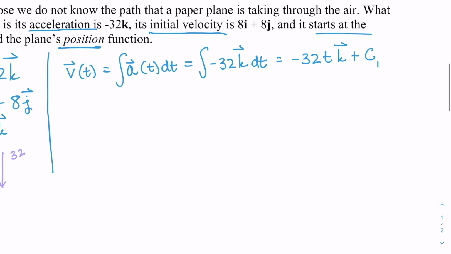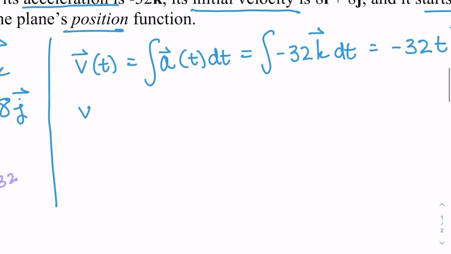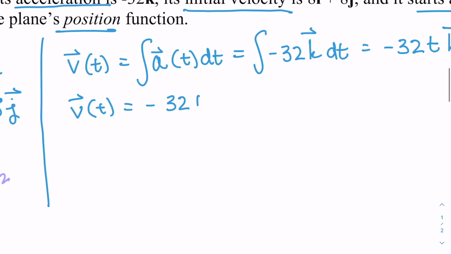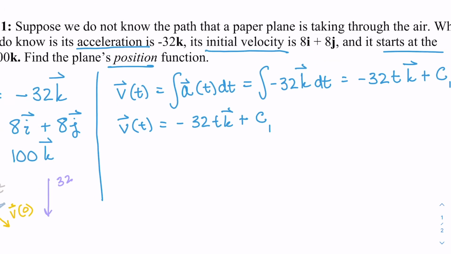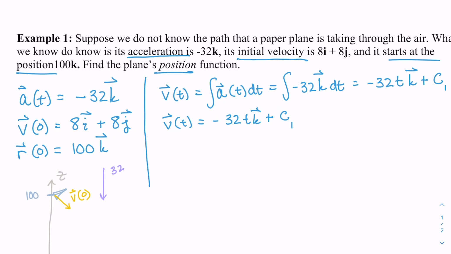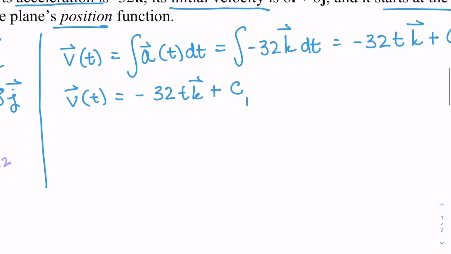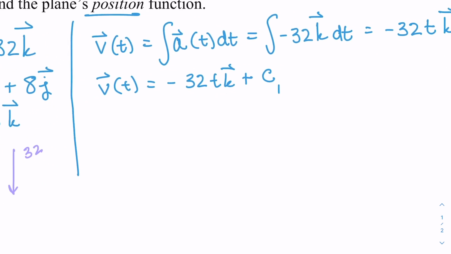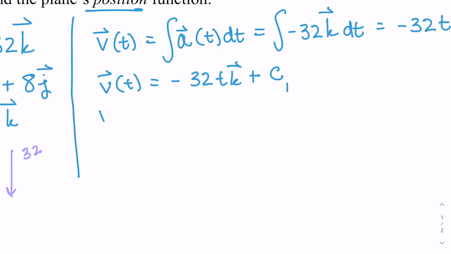So if we know that v of t is equal to negative 32tk plus a constant, now we'll use our initial velocity condition to find out what that constant needs to be. So in this case, plugging in 0 needs to equal 8i plus 8j. So we'll plug in 0 to match our initial condition.